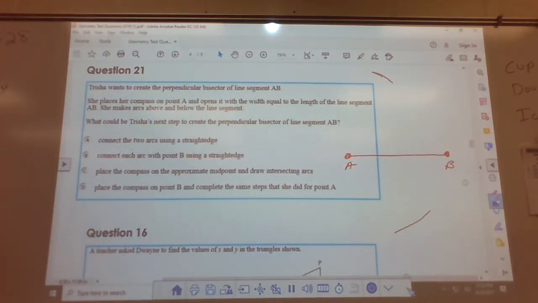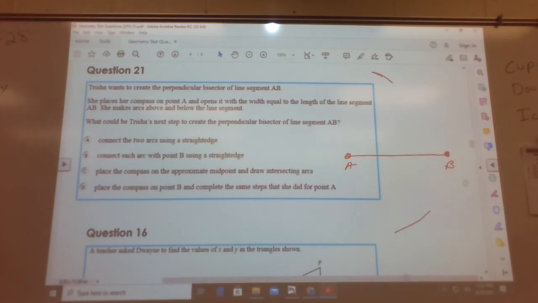So that's kind of what we're looking at right now. Now, let's look at our choices. Because that's what they told us that we've done so far.